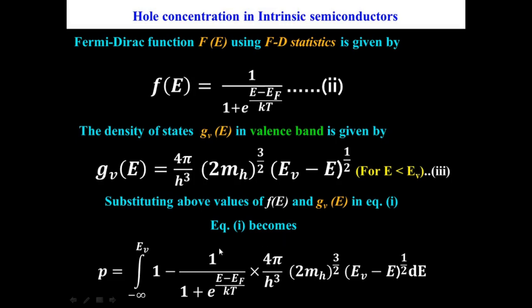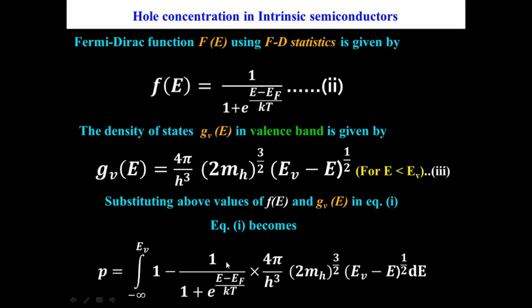Now we will solve this integral. We know that this 1 plus exponential is in the denominator. When we bring this 1 plus exponential of (E minus EF) by KT to the numerator, it will go to the power minus 1.